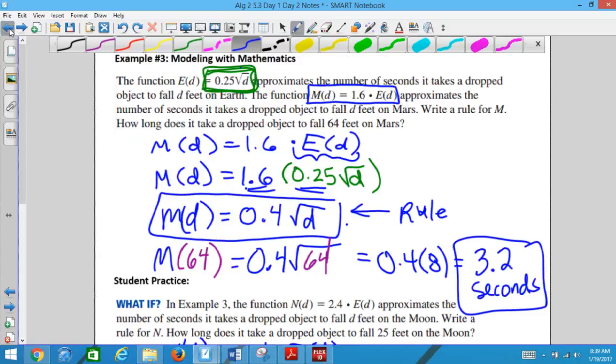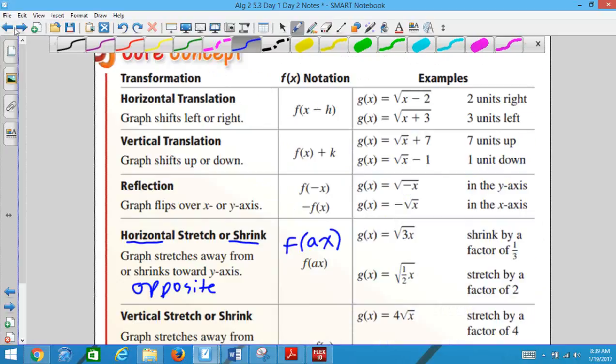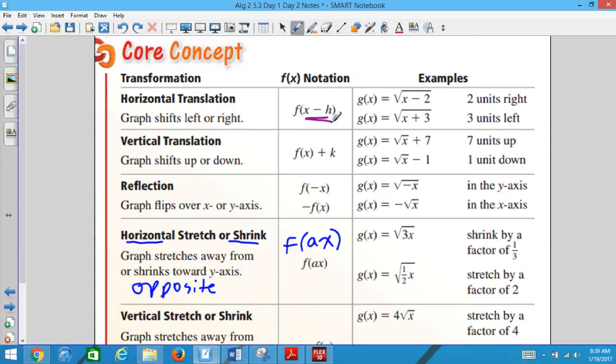We can go back and look at our chart if we forget. Here's a horizontal translation. We do f of x minus h. We do x minus the number. That would give us a right. Minus. So to do left, what do we do?